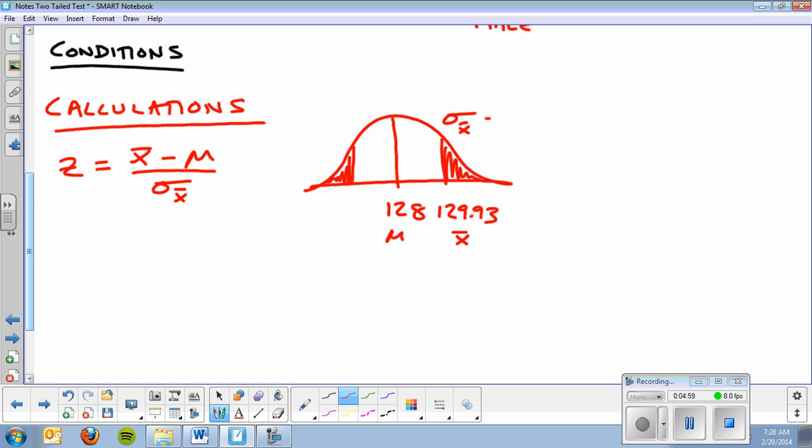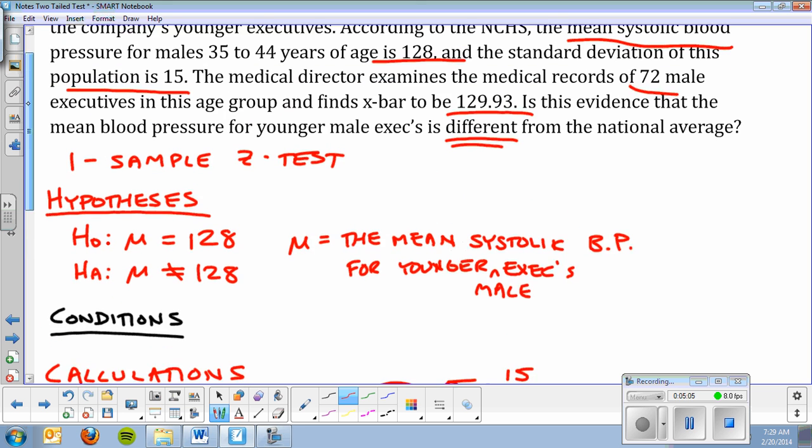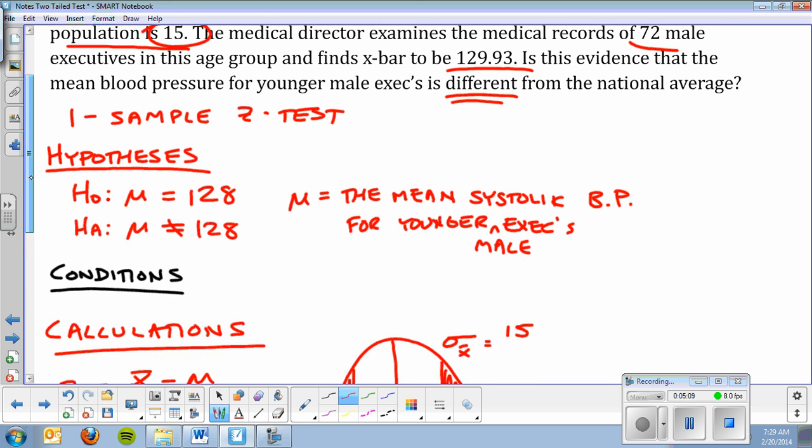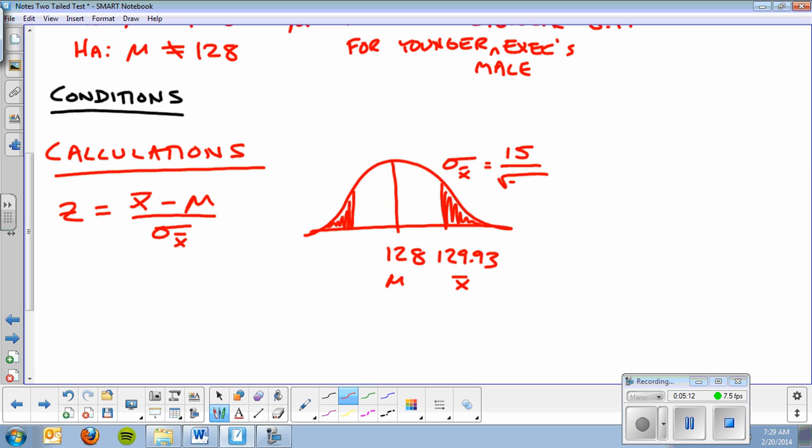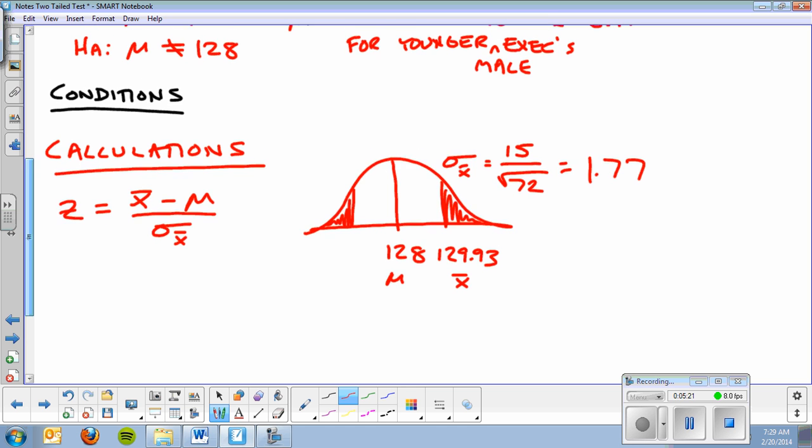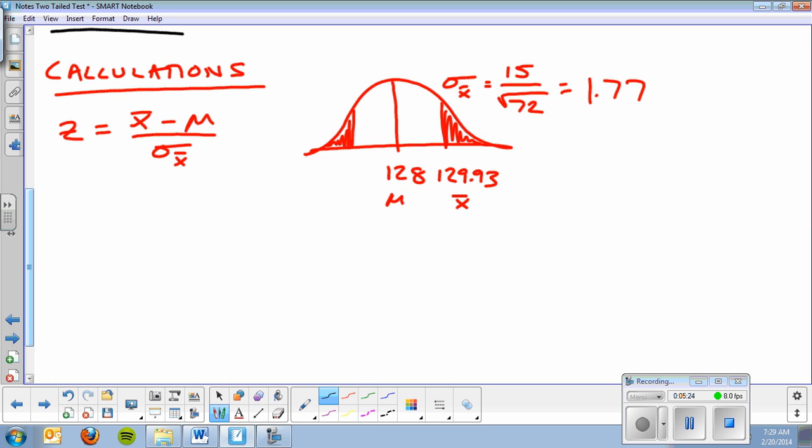Standard deviation of x bar, I'm going to recalculate. It is 15, which again I got from the problem, divided by the square root of 72, which gives me 1.77. Now I'm going to plug these numbers into my z-score to get the test statistic: 129.93 minus 128 over 1.77, which gives me a z-score of 1.09.